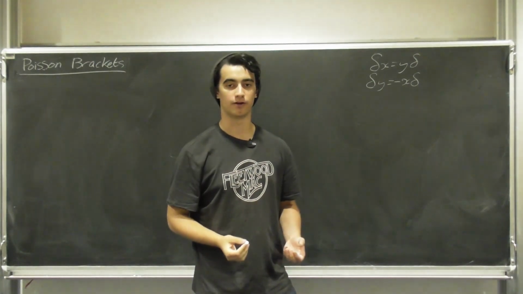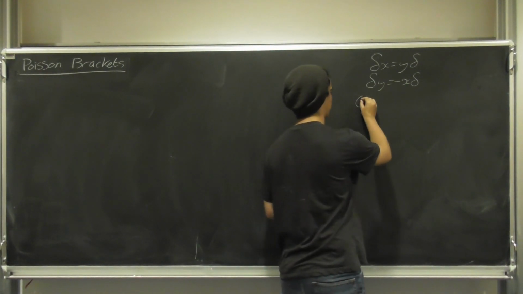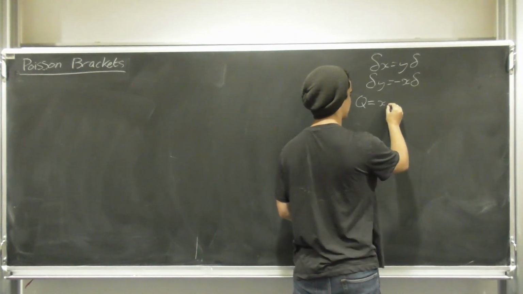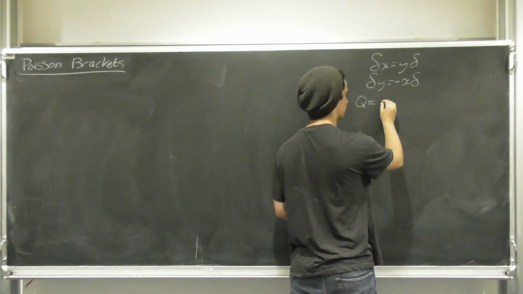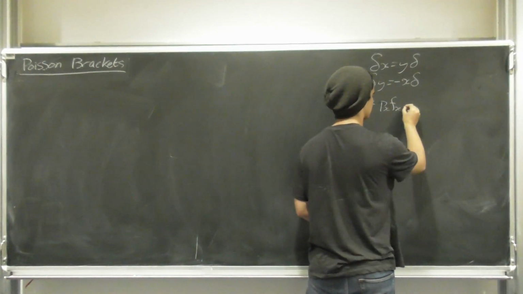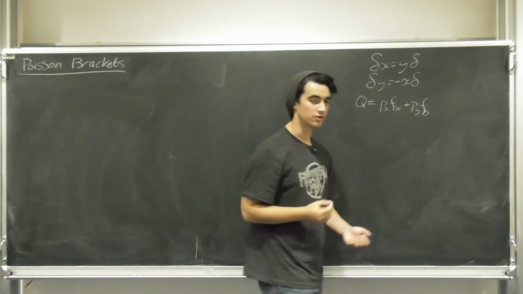And we also found out that if we had some quantity q, given the Lagrangian was invariant, then p sub x times some function of x plus p sub y times some function of y would also be invariant.